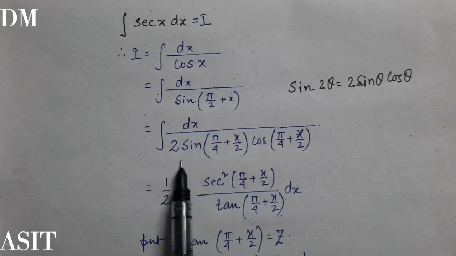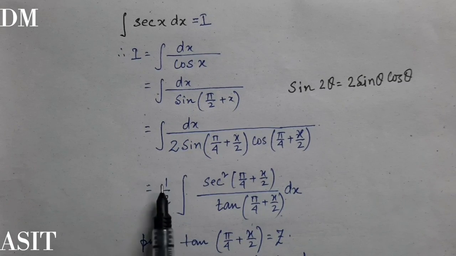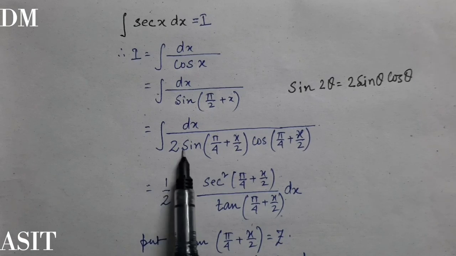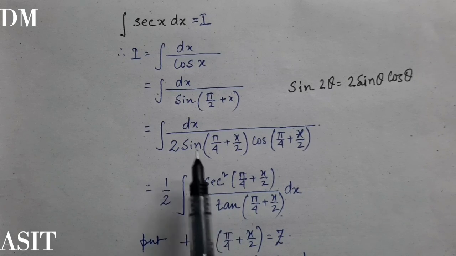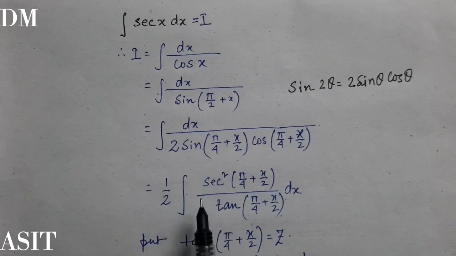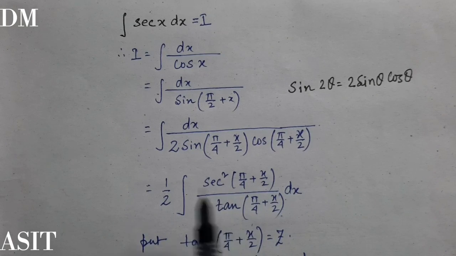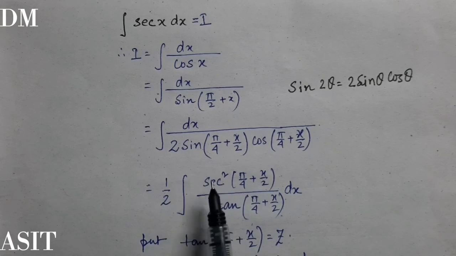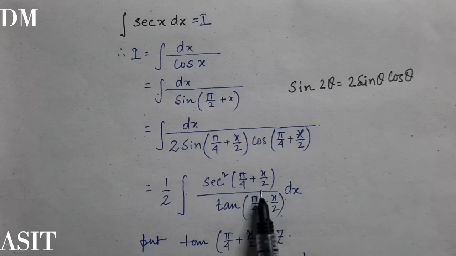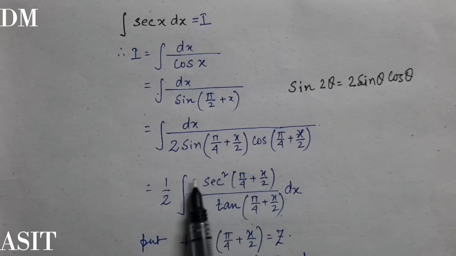Now here we can take this 2 outside, so it will be 1 by 2, since 2 is in the denominator. Now we can multiply secant square pi by 4 plus x by 2 in both numerator and denominator. If I multiply secant square pi by 4 plus x by 2 in the numerator, it will be just like that.